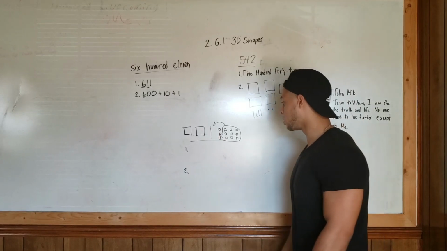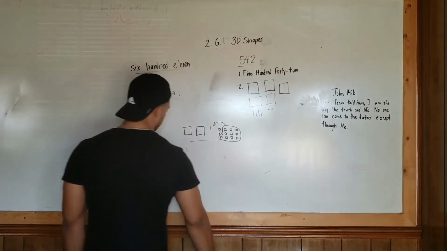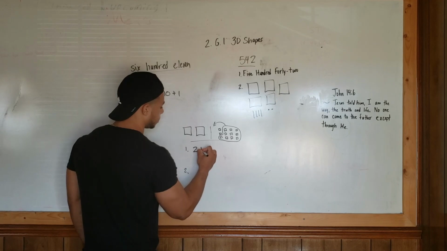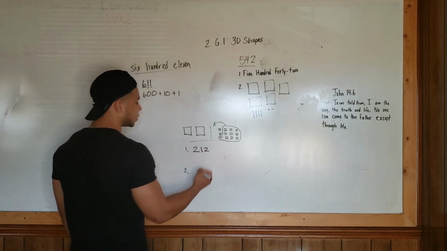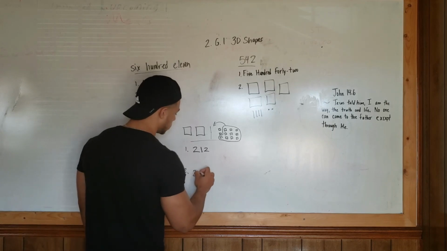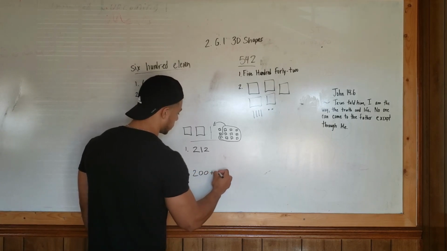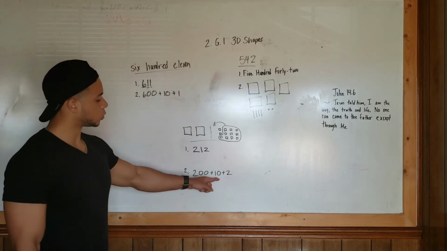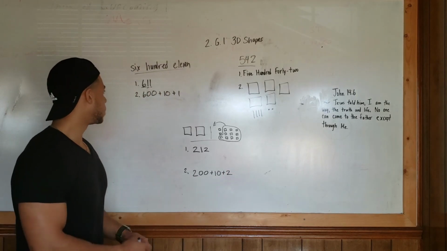Let's put that number into standard form again. 212 is your number. And let's do expanded form one more time. So 200 plus 10 plus 2, 212.